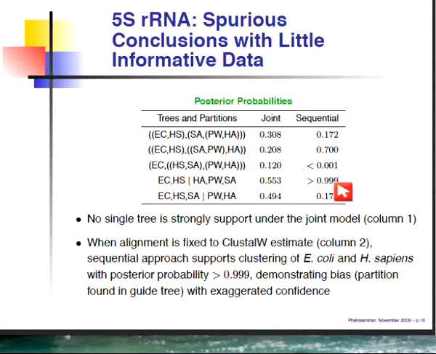However, if you do a simultaneous analysis where you integrate over all possible alignments, you find that the data provides no evidence for any partitionings, which is what we would expect. So in a sense, by integrating over possible alignments, we've decreased the possible bias that that type of conditioning could introduce.